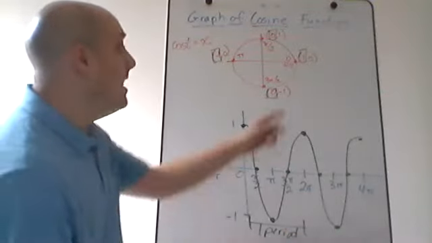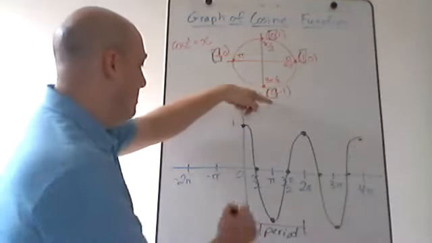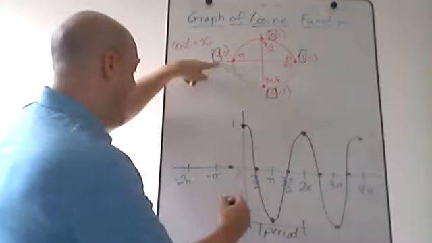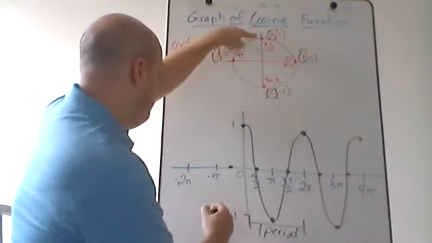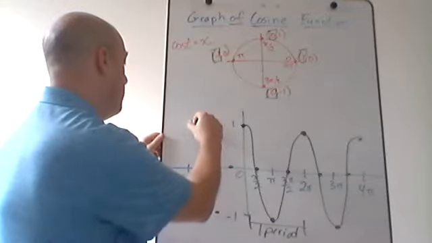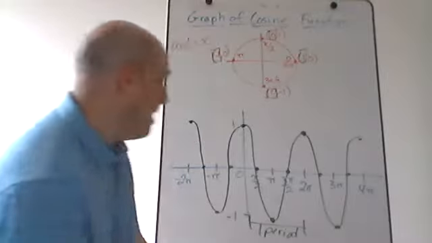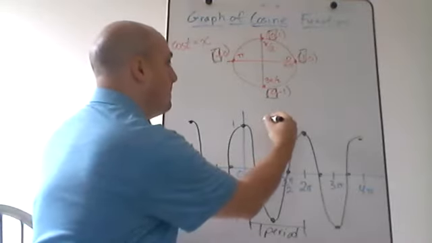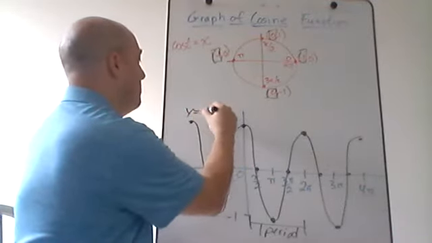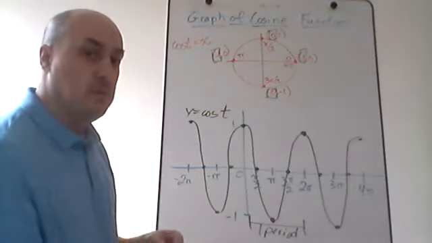And if I move in the negative direction, starting at 0, it goes from 1 down to 0 to -1, back to 0, and back up to +1, following that same pattern. And so there's the graph of my cosine function. This is the graph y equals cosine t, or y equals cosine of x, depending on what variable you want to use.